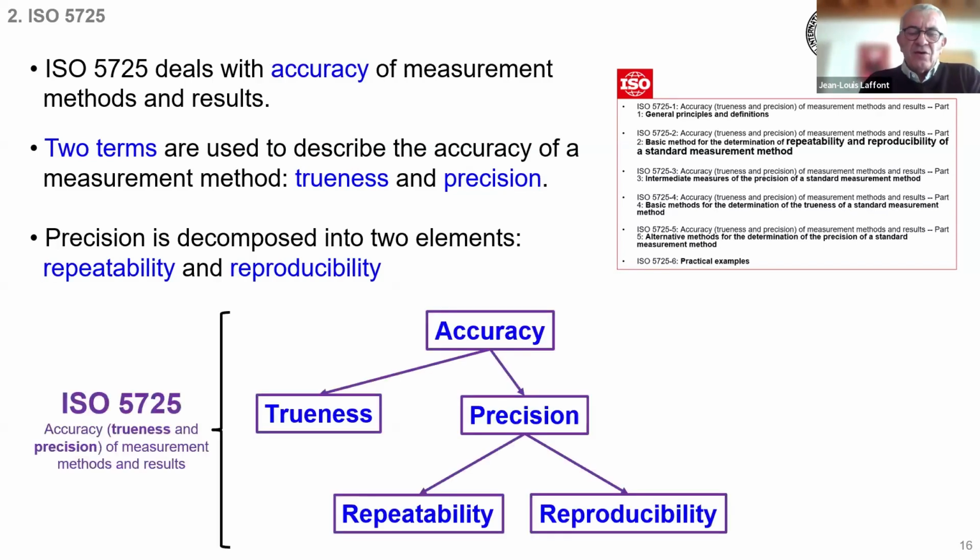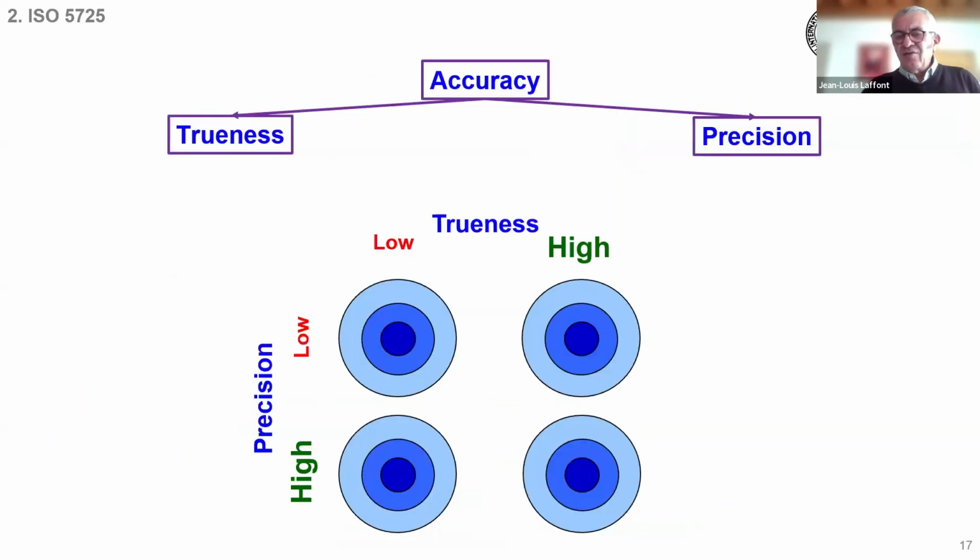So here is a summary of this standard. The key point is accuracy, which is decomposed into two elements, trueness and precision. And precision itself is decomposed into two elements, repeatability and reproducibility. Here is a classical slide used to illustrate trueness and precision.